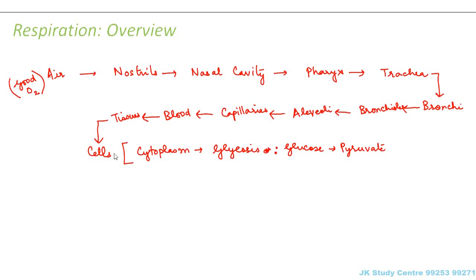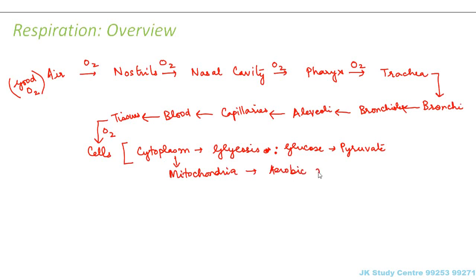So once this oxygen comes in, the pyruvate becomes extremely happy. So the pyruvate goes into the mitochondria of the cells, and then in the mitochondria, aerobic respiration will take place.